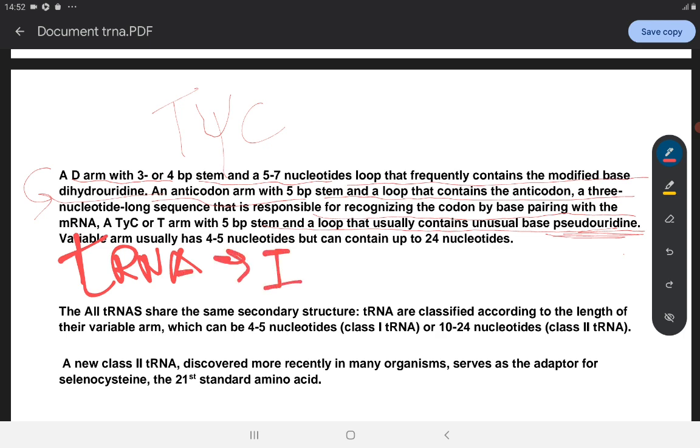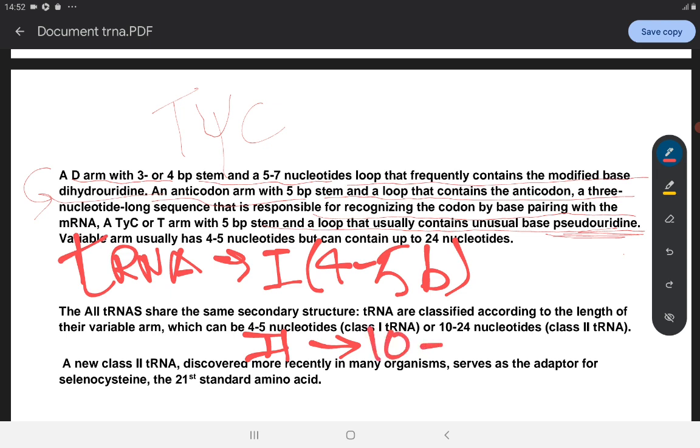Class 1, which has around 4 to 5 bases in the variable arm, or class 2, which has around 10 to 24 bases in the variable arm. This is all in the variable arm.